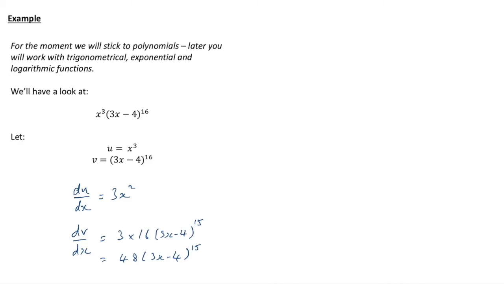Then we bring the power down, the 16, and take one off the power, which gives 16 times (3x minus 4) to the power of 15. So we have 48 times (3x minus 4) to the power of 15. Notice we've used the chain rule in there.